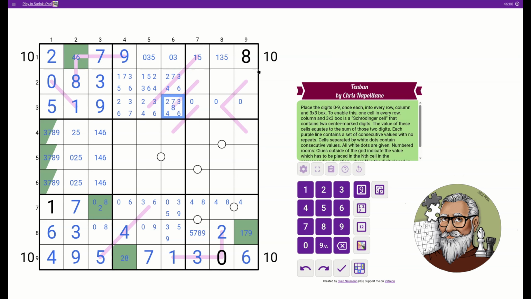Can't eliminate the green cells from these either, because it could be a green cell and still add up to, say, I don't know, 3, right? Did I do this one correctly? Can I eliminate anything further? Doesn't look like it.